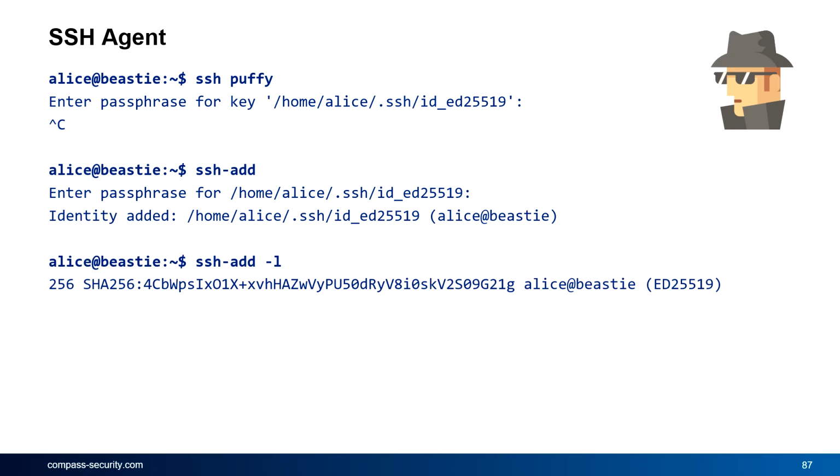With ssh-add -L, she can check which private keys are currently available and can be used. And then when she SSHs to the Puffy host again, she does not have to enter the passphrase again because the key was directly loaded from the agent and she did not provide any password again.